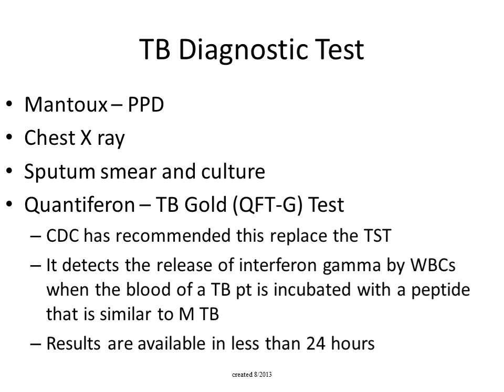But this is a test that will detect interferon gamma produced by the white blood cells in a patient with TB. The results are back in 24 hours. So this is really important when we are testing somebody. And of course, the definitive test is the sputum smear and culture.